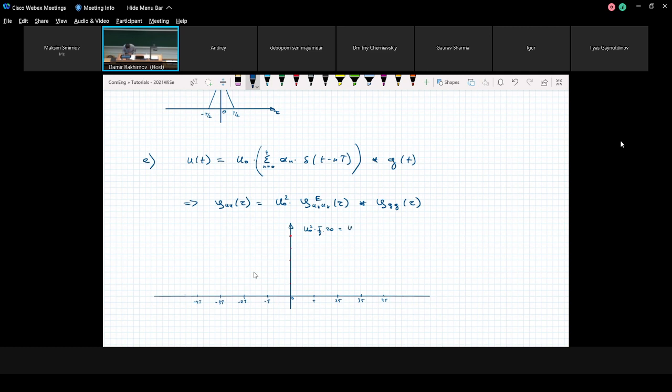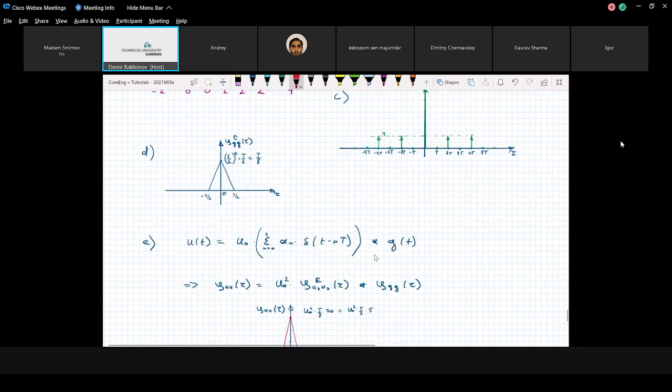Write it as times t times 5. It's our phi u of tau. And instead of the delta pulse, we have a triangle that goes from minus t over 2 to t over 2. Our triangular. Then at t, what do we have at t? At t we have 0, then we have nothing.